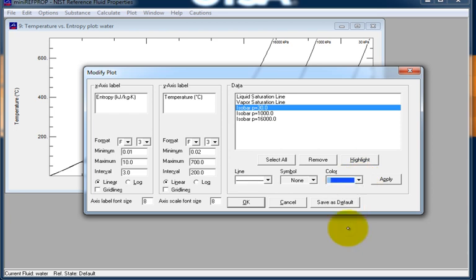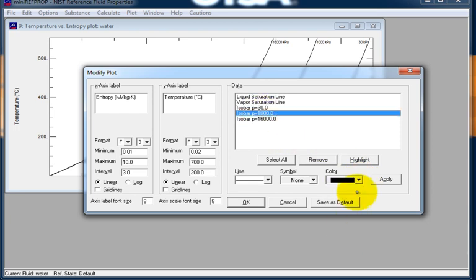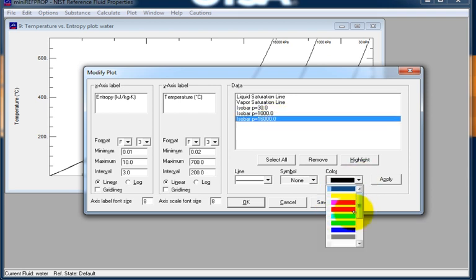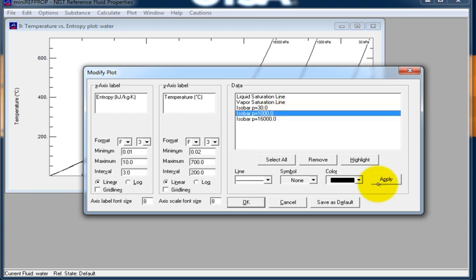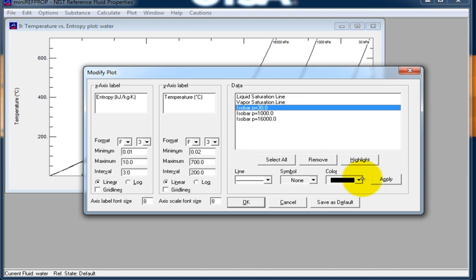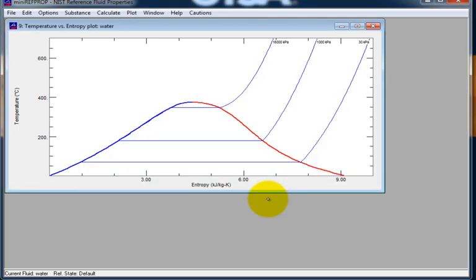I like blue for those. Leave them thin. I'm not that efficient. I'm just showing you some options to make it look good. I don't think I hit apply for these, so it didn't accept it. Okay, hit apply after you make your selection, then plot it. There you go. So you can make a little plot.